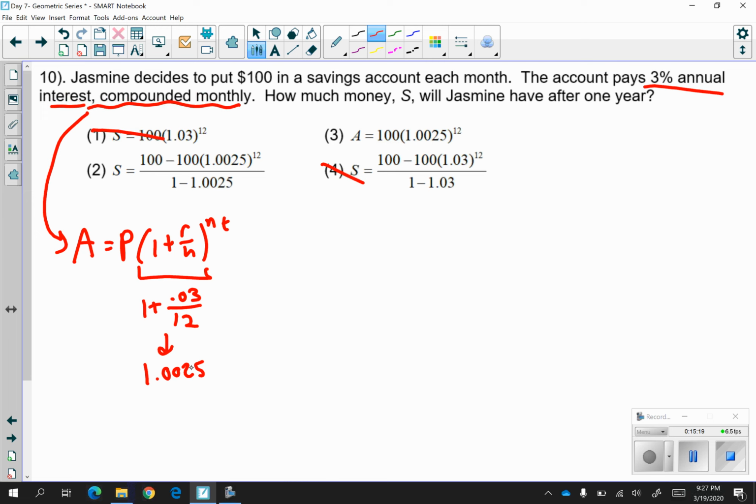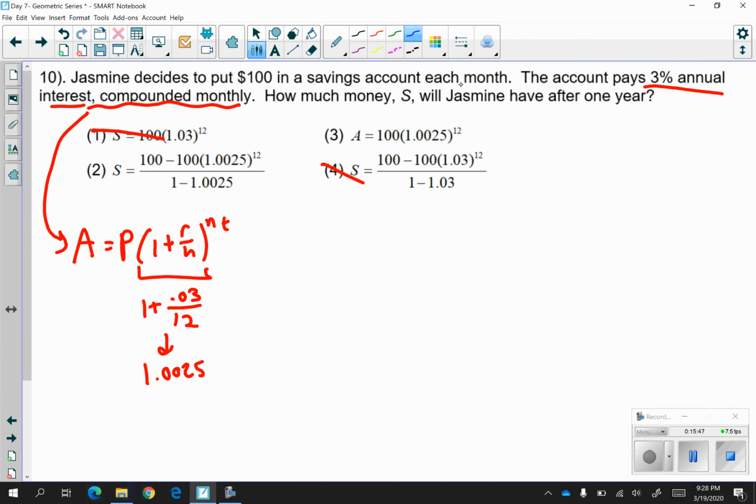Now, the difference between choice 2 and choice 3 is that one is a series, right? So you're finding the sum, and the other one's just an overall amount. So for choice 2 and choice 3, you have to figure out which one's right. Now, the wording is super important in this problem.